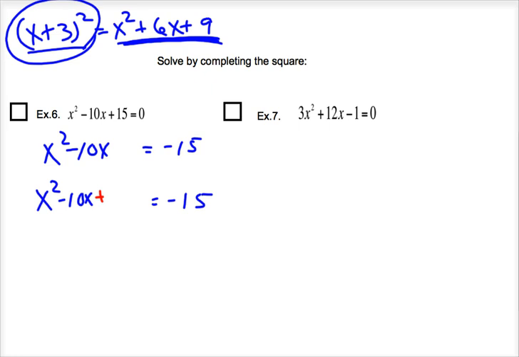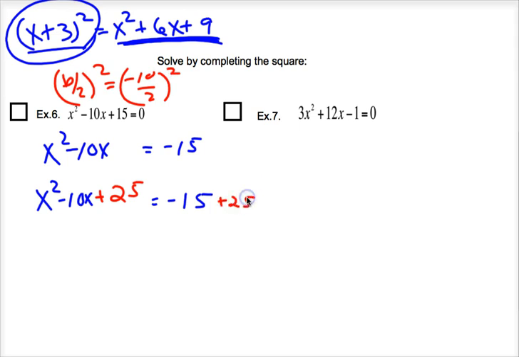Negative 10 cut in half is negative 5. Negative 5 squared is 25. So it's b over 2 squared. In this case, it's negative 10 over 2 squared. So we add 25. Now, I add 25 to the left, I have to add 25 to the right.